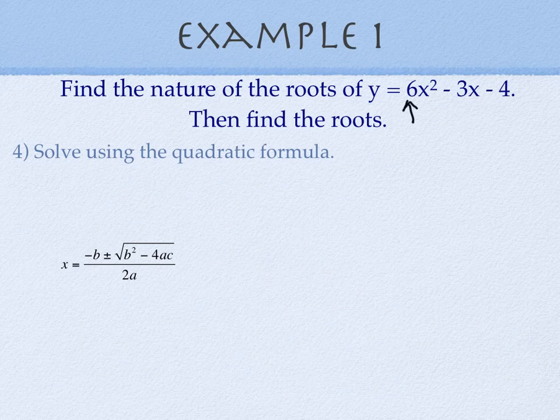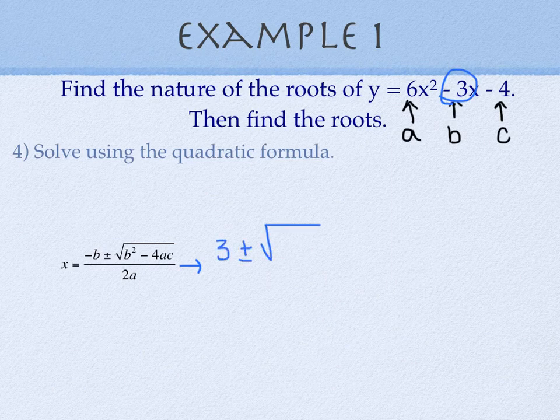Again, just to remind ourselves, here's A, here's B, here's C. So negative B, let's see, my B is already negative. It's negative 3, so I'm going to put in a positive 3. Plus or minus the square root of, and this is where life is a little easier now, because we already figured this out. We already figured out that b squared minus 4ac was 105.